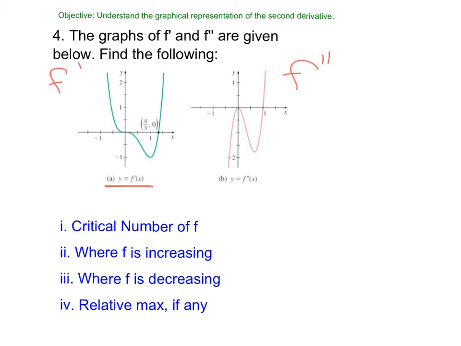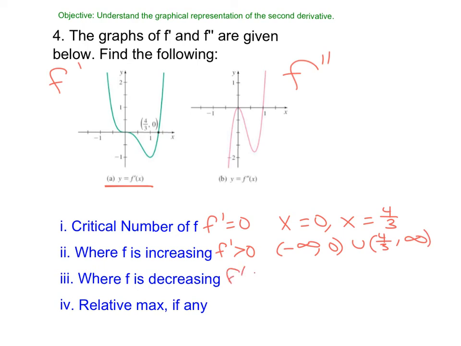So critical numbers are where f prime equals 0. So we get x equals 0 and x equals 4/3. Where is f increasing? F is increasing when the green is above the x-axis, so that's negative infinity to 0 and 4/3 to infinity.